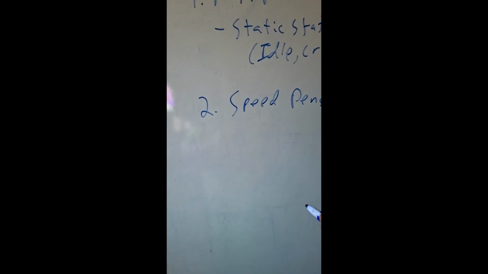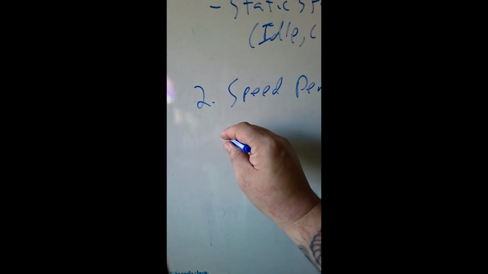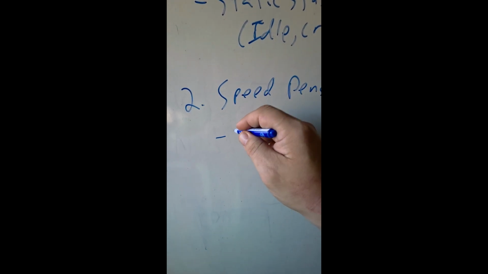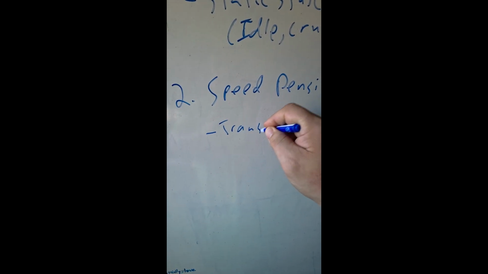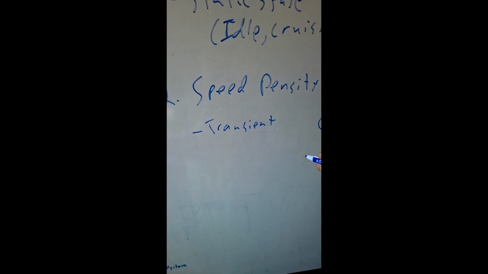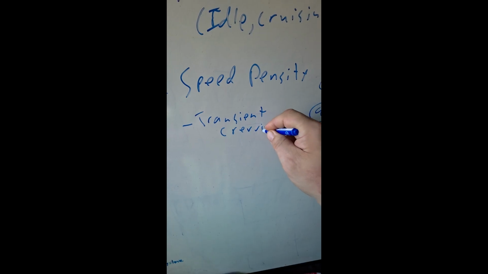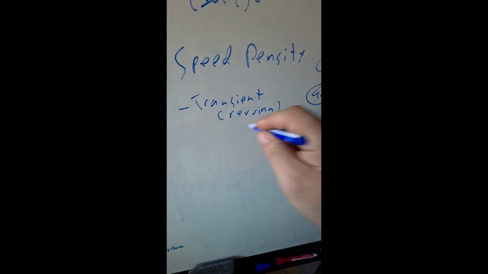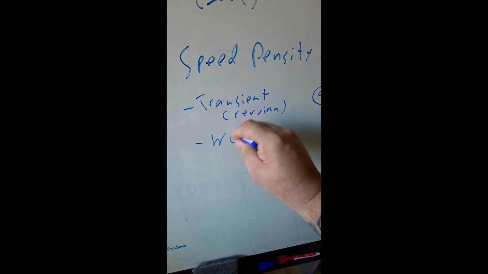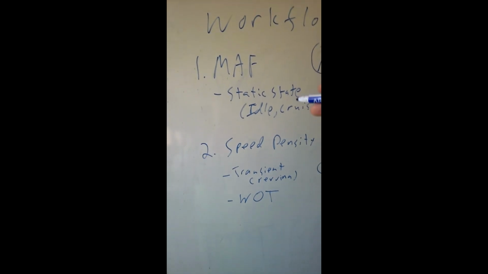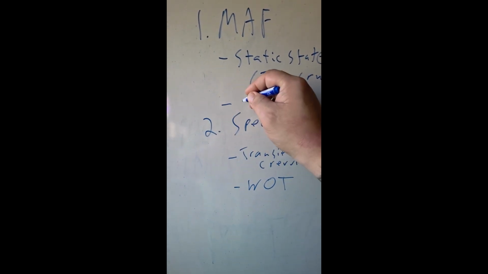So then we would do speed density across the board comprehensively, and it would let us account for transient states, right? Revving. And then ultimately, I can do it at wide open throttle, and between MAF, I'll still do wide open throttle.